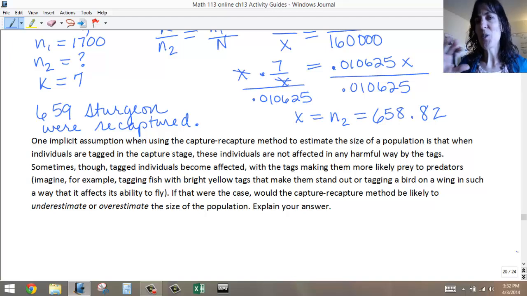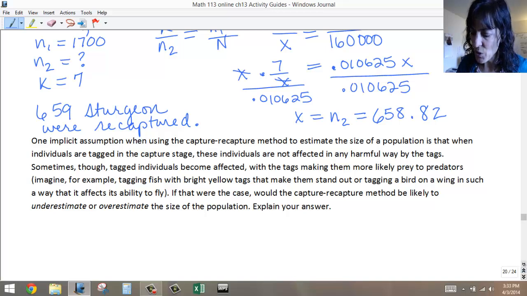So that sort of thing. So there's issues there, and you heard the guy in the video mention it quite a few times, that the dot that he was putting on the snails was non-toxic, so it wasn't going to kill the snails, and it was not going to make them more likely to be prey to a passing bird or whatever else eats snails.